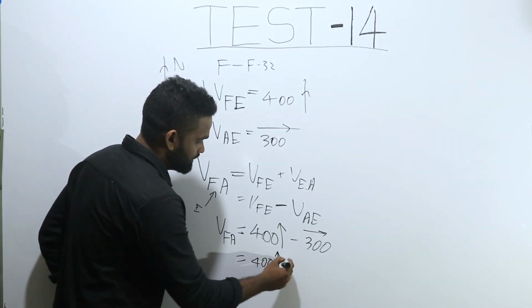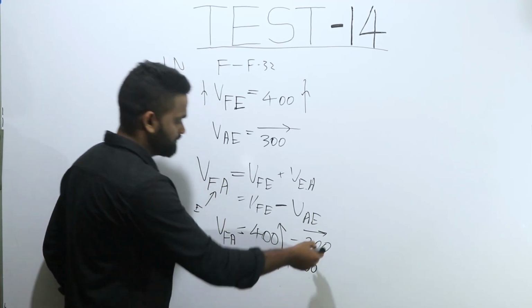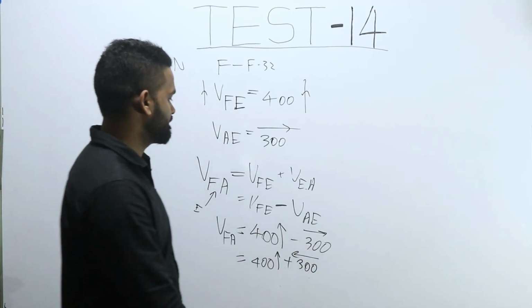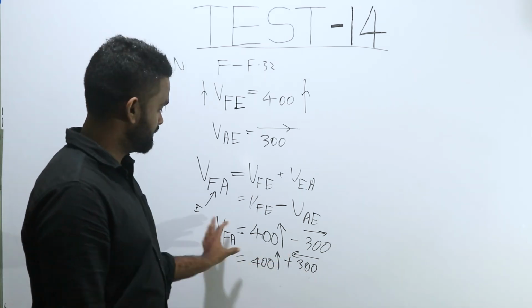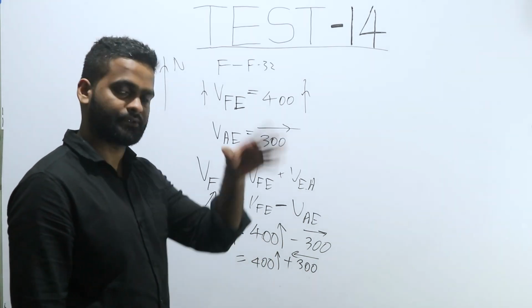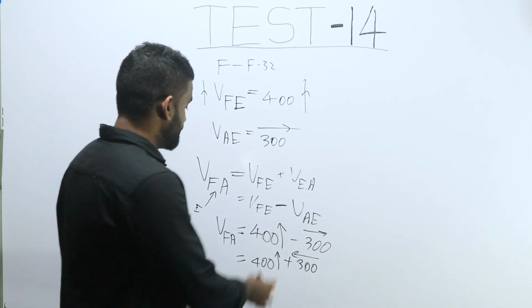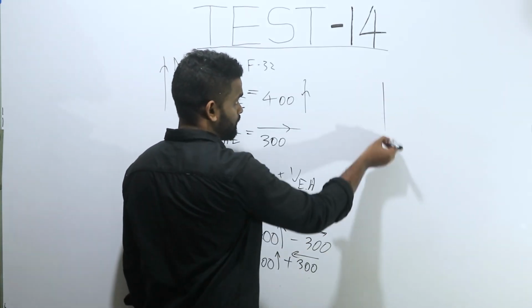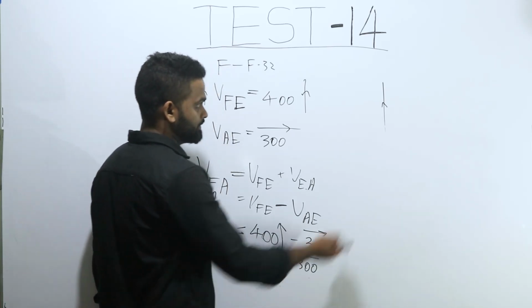So 400 upwards, this becomes plus, change the direction. So these are two velocities we got. Then I'll represent these velocities in a triangle, so it will be easier to understand. So 400 upwards, then we have a 300.